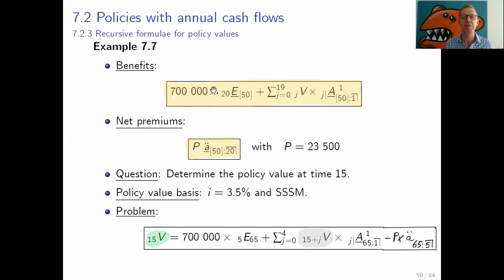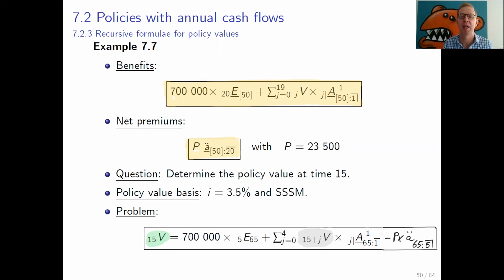But if the person dies before he reaches the age 70, then he will receive the policy value that was available in the beginning of his year of death.